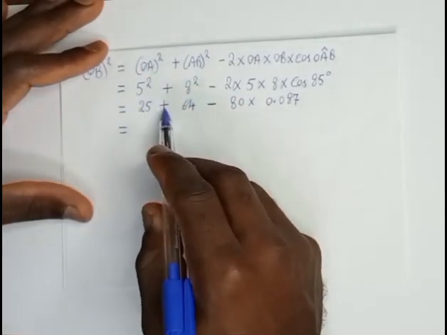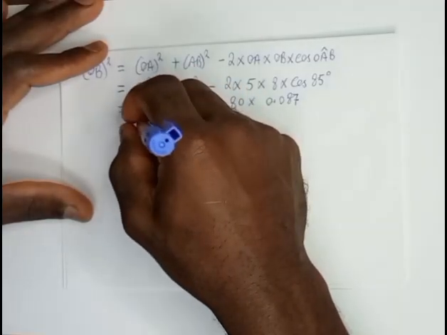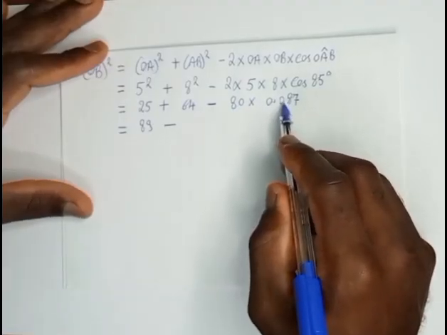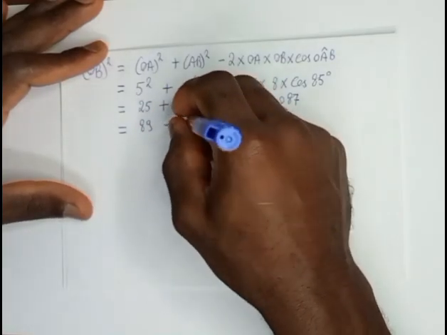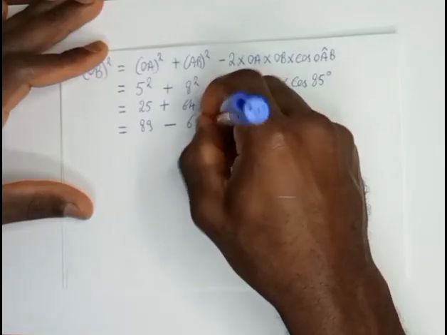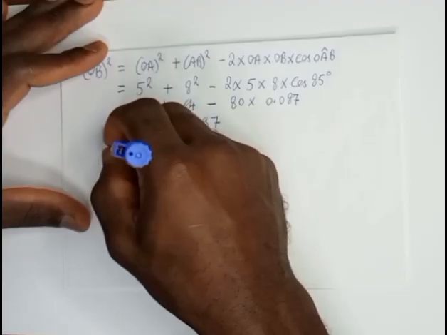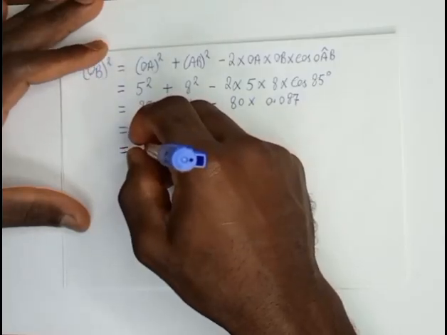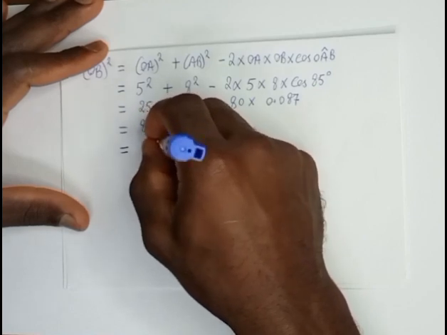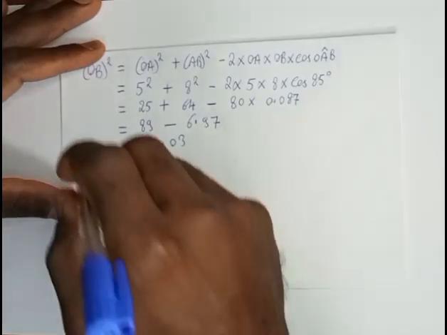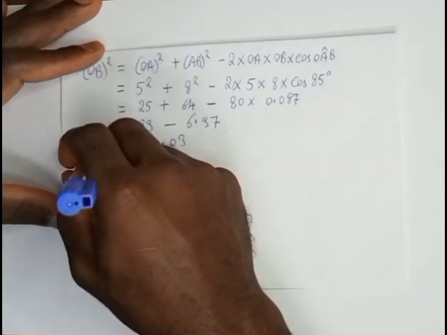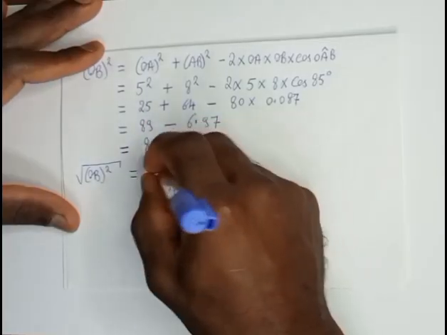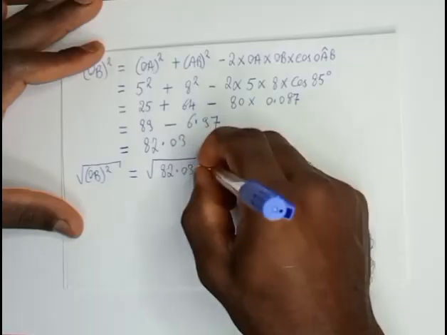This will be equal to 25 plus 64, which gives us 89, minus 80 times 0.087. This gives us 6.97. This will simply be equal to 89 minus 6.97, which gives us 82.03. Next, we have to take the square root on both sides. The square root of OB squared will be equal to the square root of 82.03.